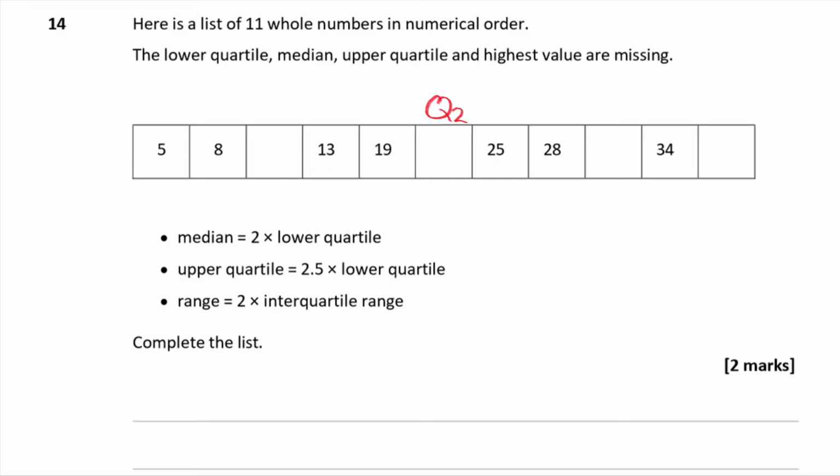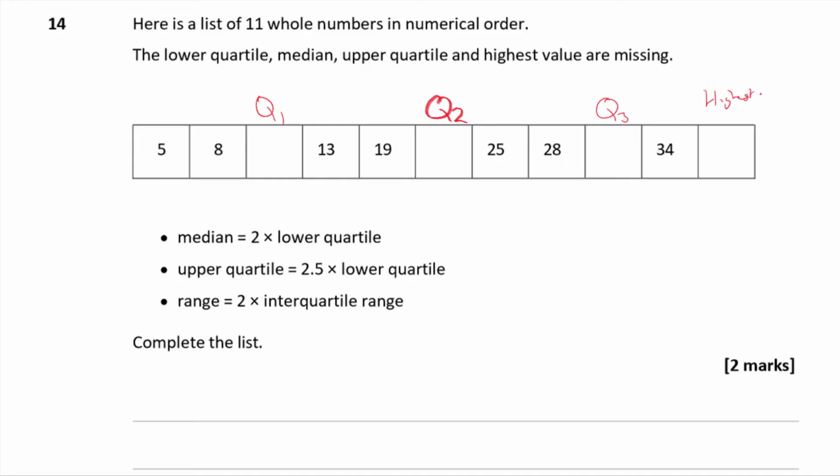The lower quartile is 1/4 of the way through the data. This one here is the lower quartile, Q1. The upper quartile is 3/4 of the way through the data. It's going to be here, Q3. So this last one on the end, that's the highest value, isn't it? Okay, so we should be able to work these things out from the information being given.